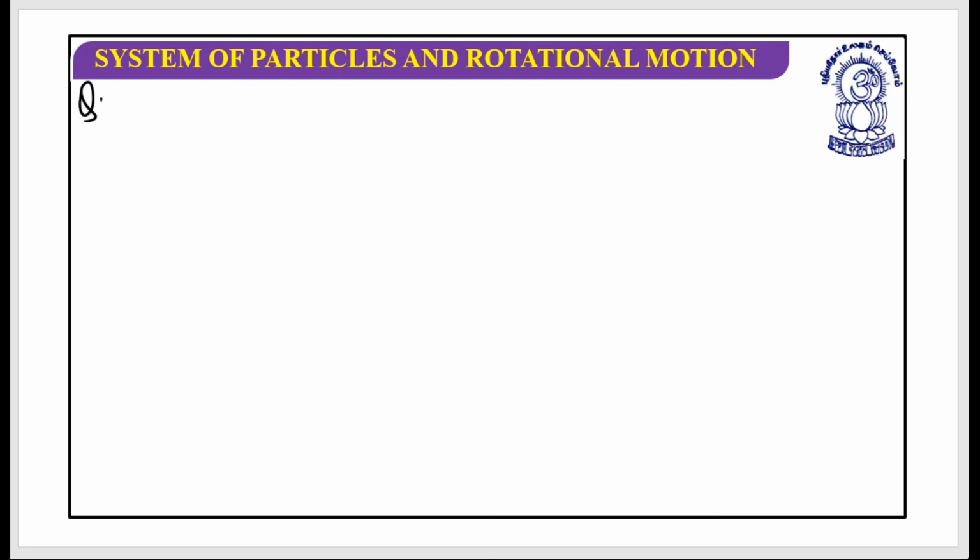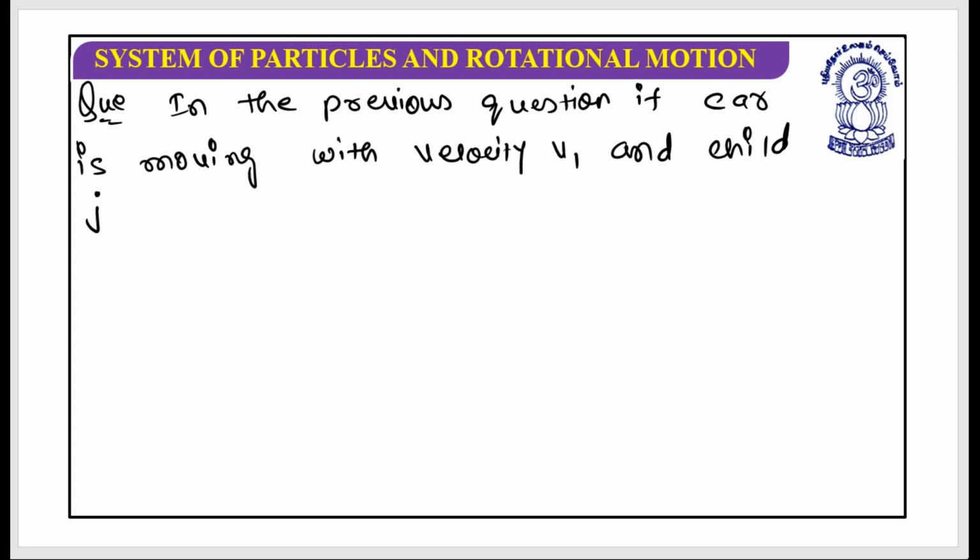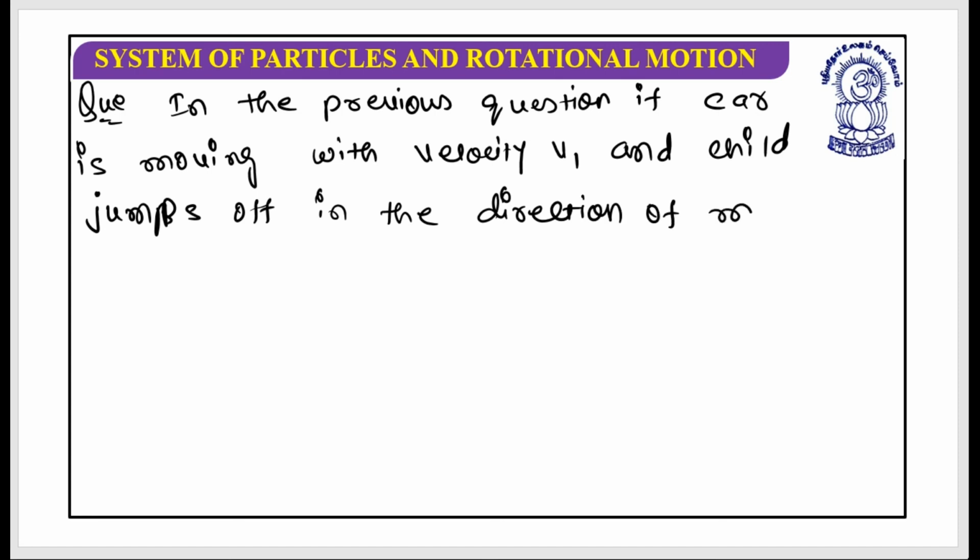The question says that in the previous question, if the car is moving with velocity v1 and the child jumps off in the direction of motion of the car with velocity u, which is with respect to the car.